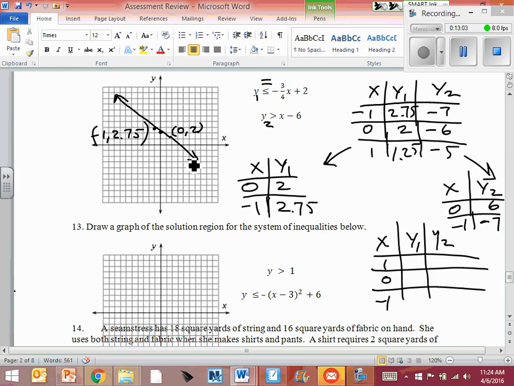Second line is a 0 and a 6, 0 and a 6, 2, 3, 4, 5, 6. And his partner is -1 and a -7, -1, 1, 2, 3, 4, 5, 6, 7, -1, -7.